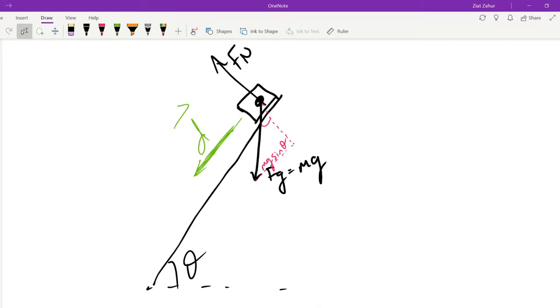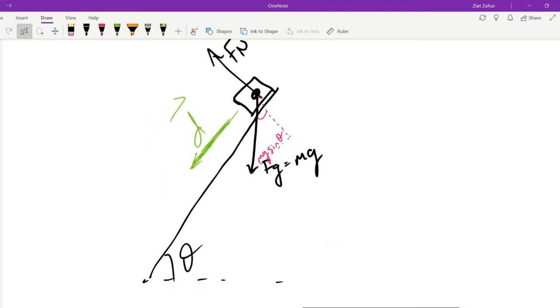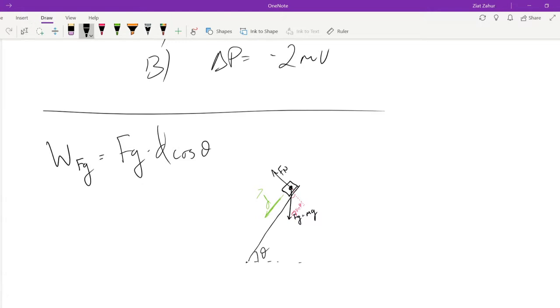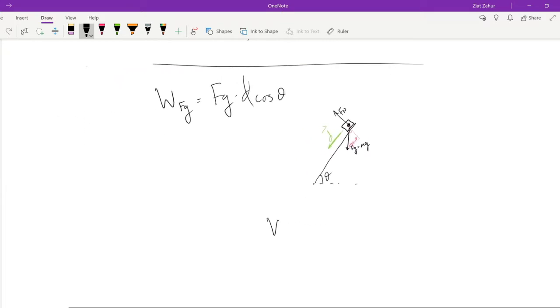So mg sine theta is what's going to pull us down the ramp. Or look at it from an energy perspective. Instead of dynamics, look at it from energy. The work done by gravity will be equal to the change in the gravitational potential energy.